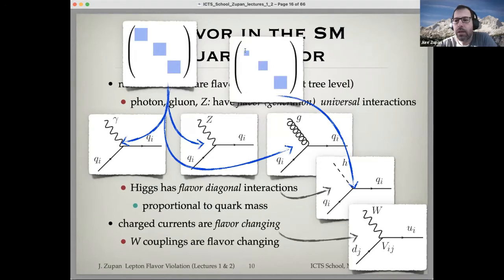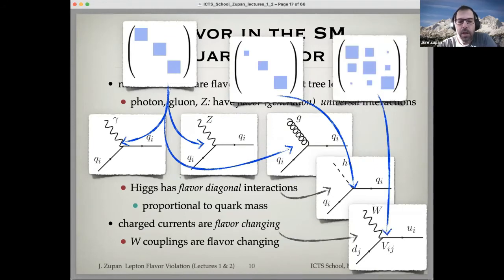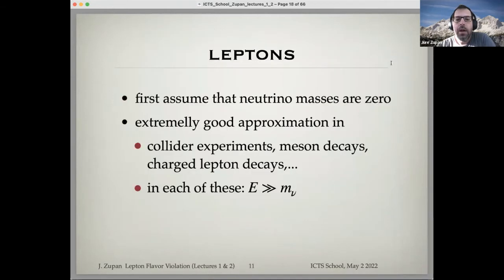So the Higgs couples less to the light generations than it does to the third generation. These couplings are proportional to the masses of the fermions. And then the charged currents are flavor changing, right? So there's the CKM matrix, which has this hierarchical structure with almost 1 entries on the diagonal, and then there are these off-diagonal pieces that are successively smaller the further away you go from the first generation.